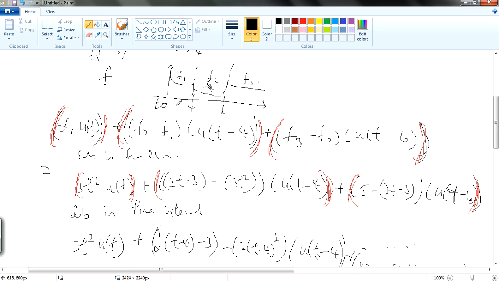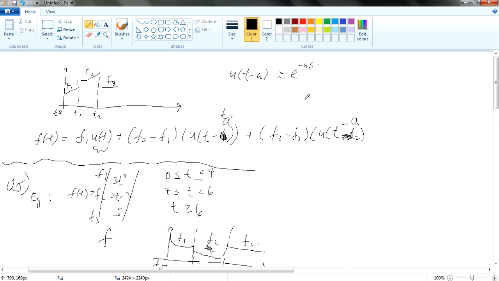To summarize, the first thing you need to do is write down this equation. It's in your book, the formula on page 119, the second shift theorem.